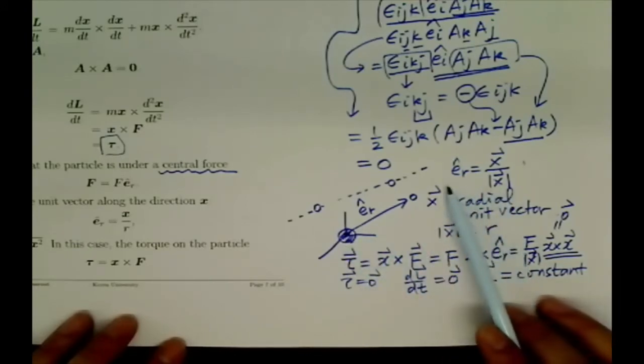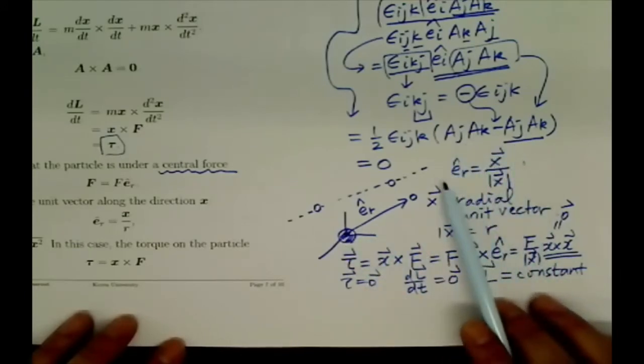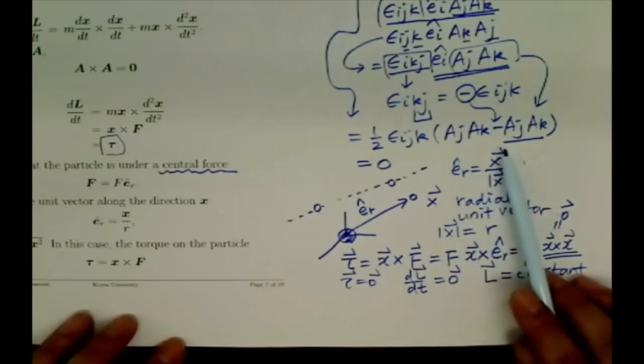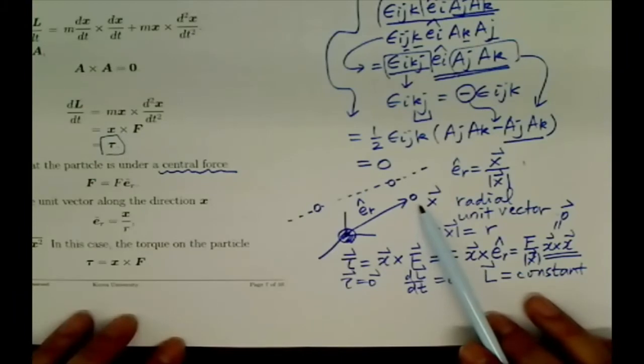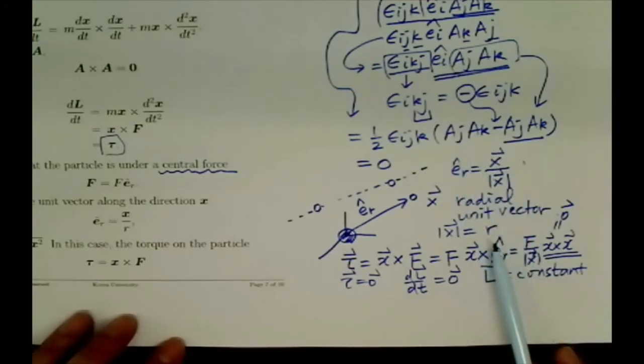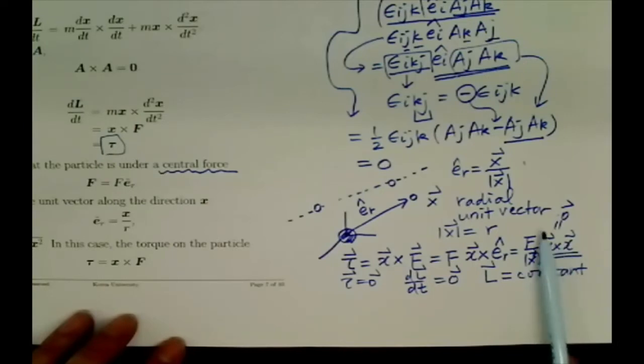But as we know, the radial direction is obtained by dividing this x vector, the displacement position vector of the light particle, by the magnitude of it. The force is along e_r, and e_r is proportional to x. And the torque is x cross F, so x cross x appears. Same thing, cross product, this is exactly 0.